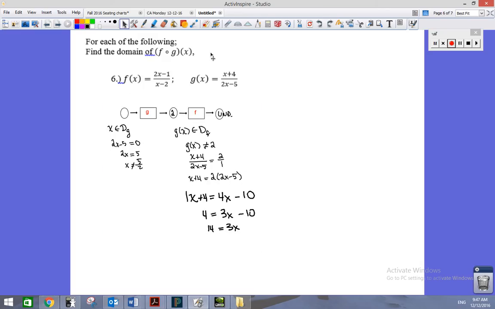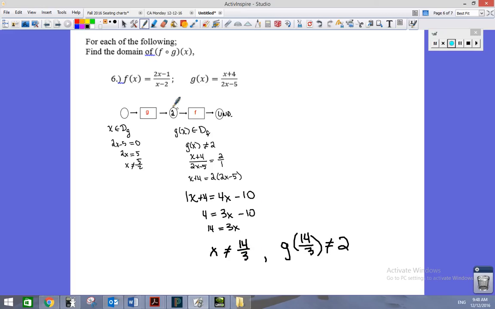And if I divide both sides by 3, I get 14 over 3. So what have we just found? Well, we have found that if we input 14 over 3 into g, the output will be 2, and we want to prevent that from happening, so we have to throw out x equals 14 over 3.